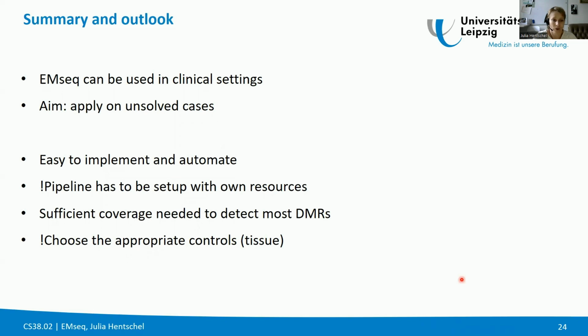It is important to know that you have to set up the bioinformatics pipeline by yourself, depending on your questions. And it's important to have sufficient coverage in your NGS data to have a good resolution and detection rate, and choose the right controls, especially compare the right tissues with each other.